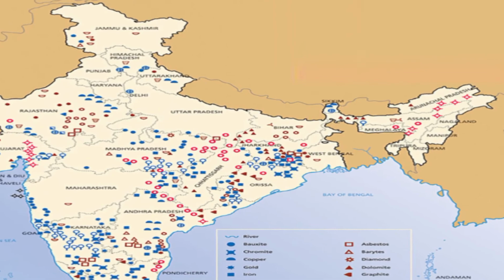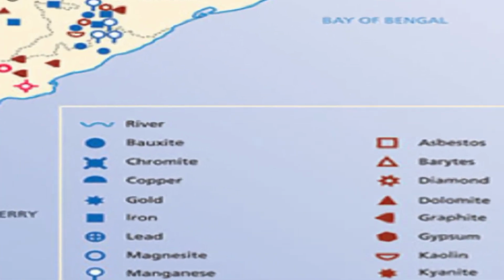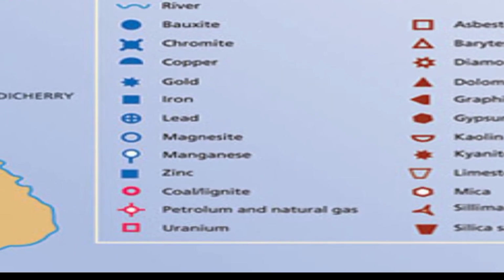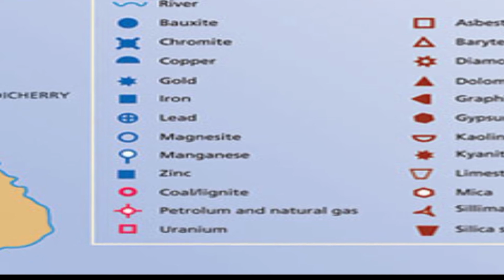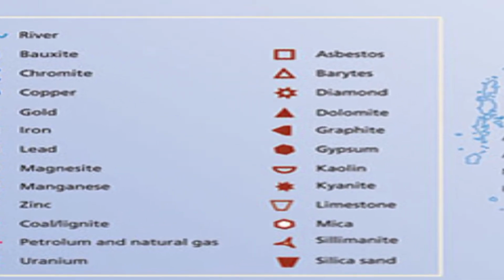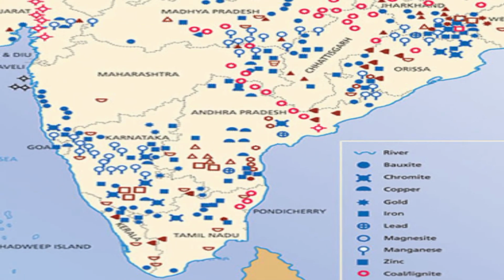These are all the places where different kinds of minerals are available in our country: bauxite, chromite, copper, gold, iron, etc. The map of India.